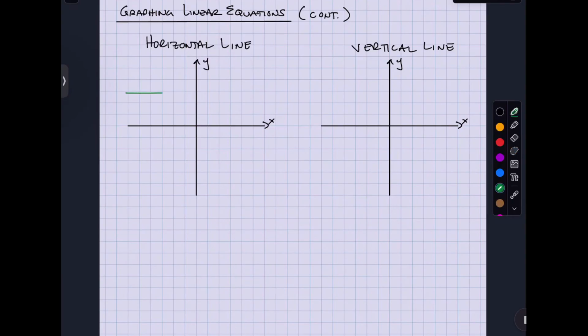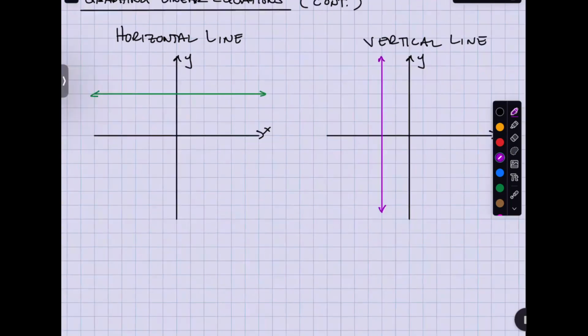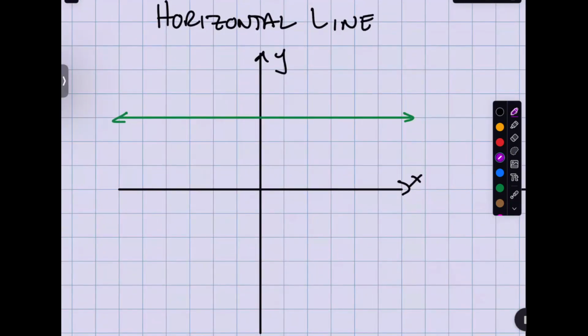So let's put a horizontal line here and a vertical line here. Okay? All right, so what's the equation of this line?